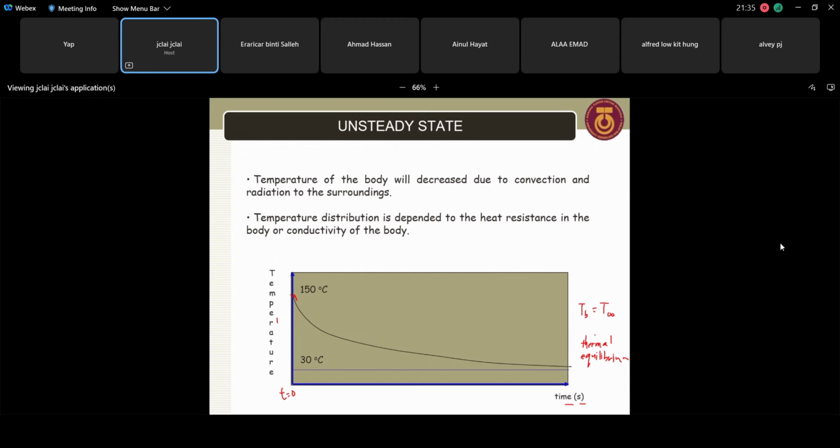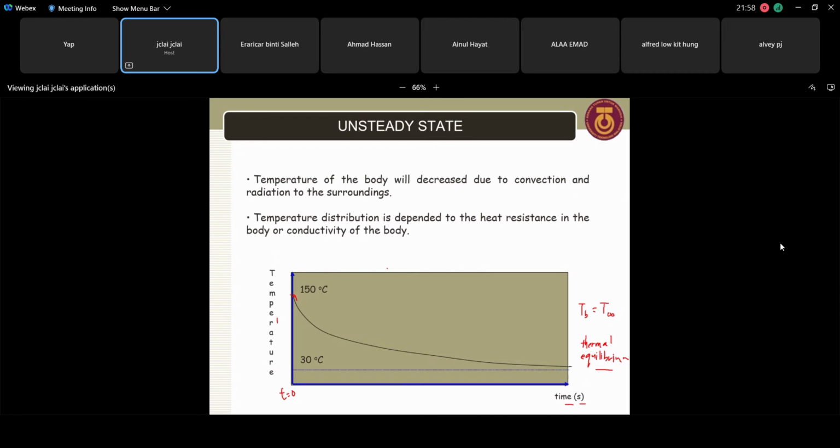Under this kind of situation, we say that the object is at thermal equilibrium with the surroundings. When thermal equilibrium is reached, there is no more heat transfer between the body and the surroundings because there is no temperature difference.